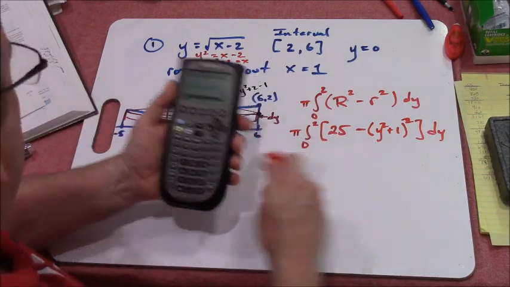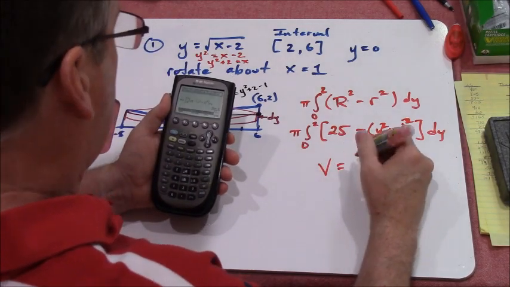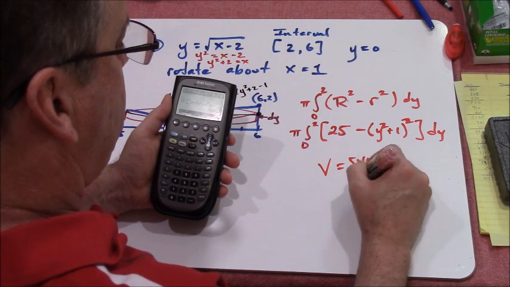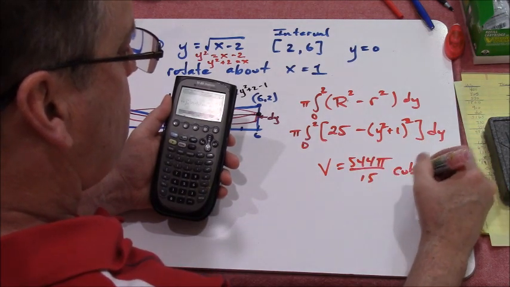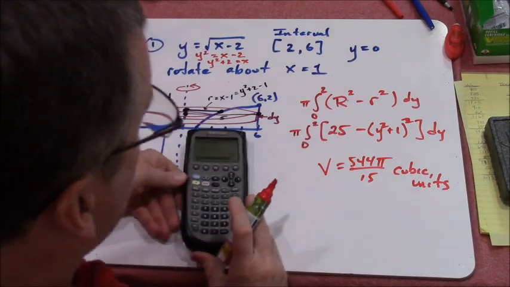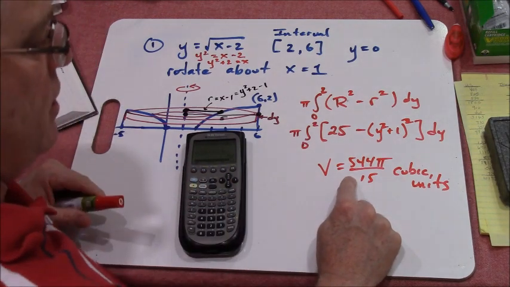And the answer that I got, this is our volume, is 544 pi over 15 cubic units. Now, remember, this answer doesn't make a whole lot of sense to us.